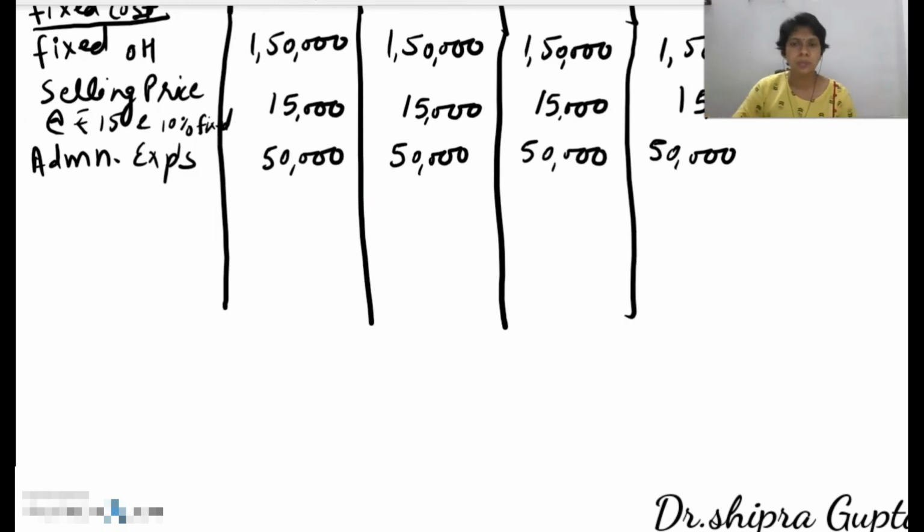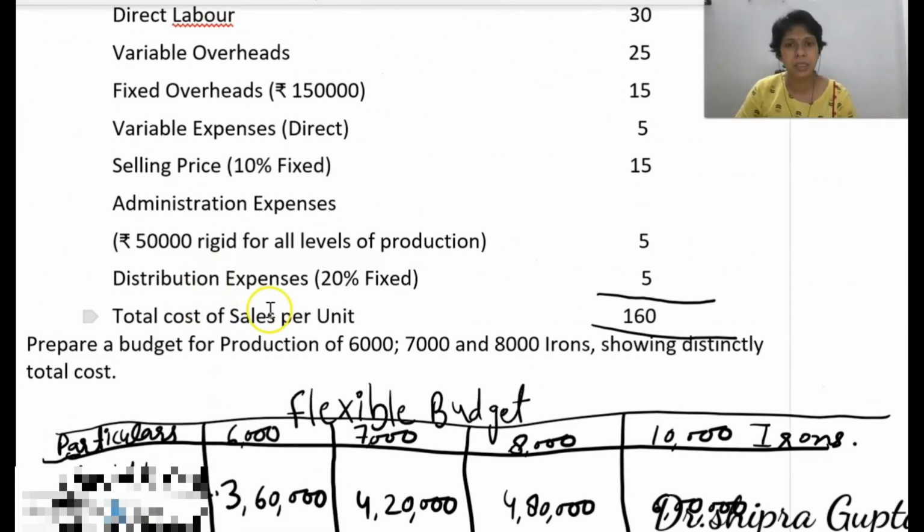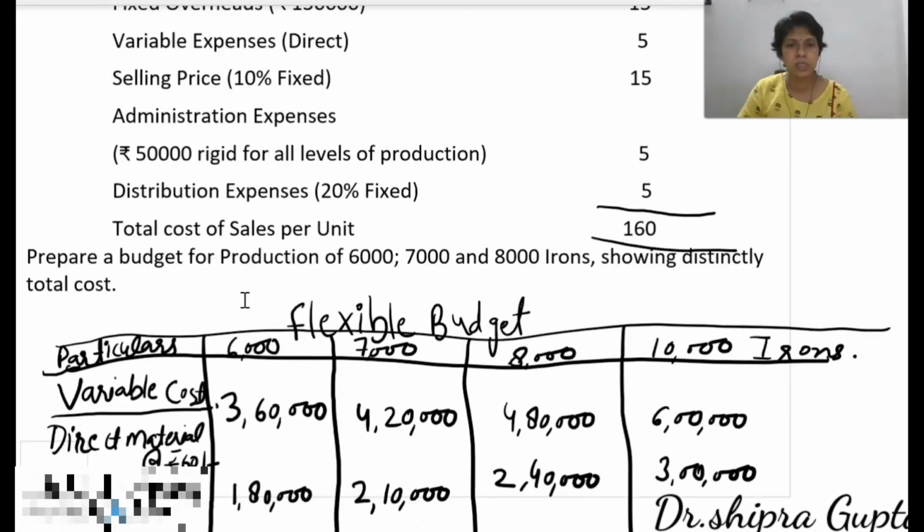Now the last item is distribution expenses. The total amount is 5 rupees, of which 20% is fixed. It means 5 into 20 upon 100, so 1 rupee is fixed.